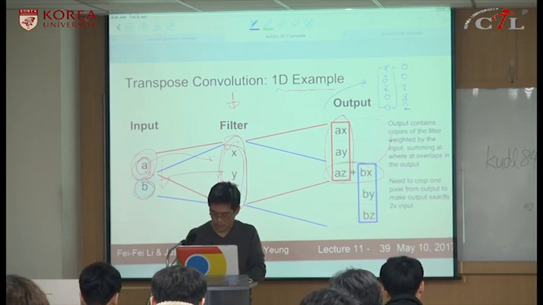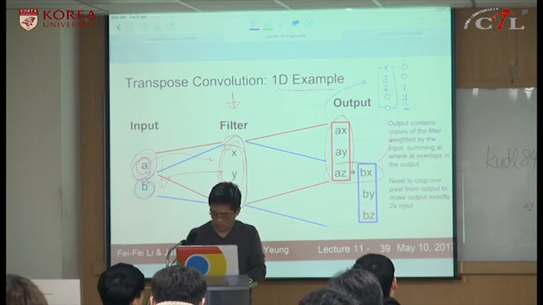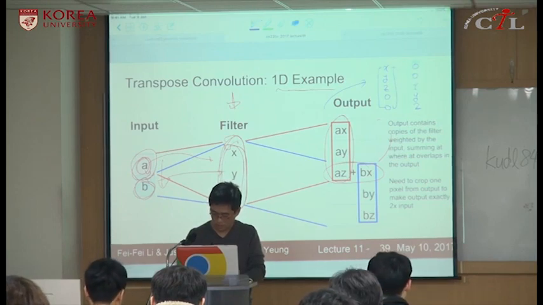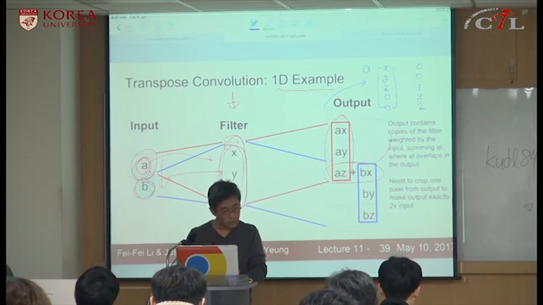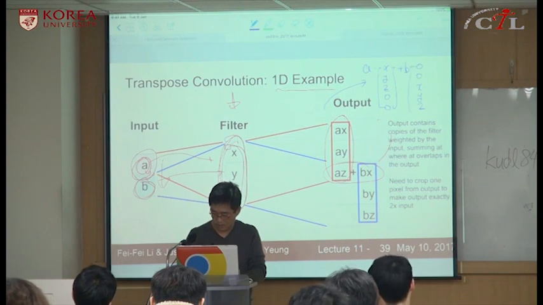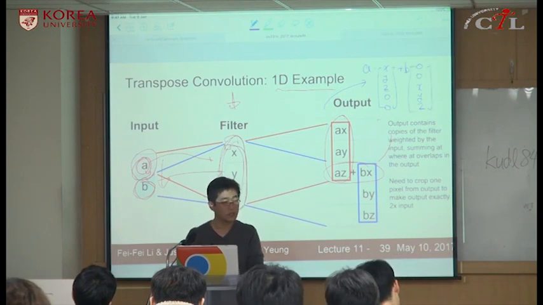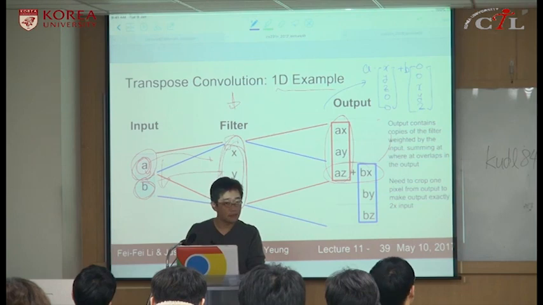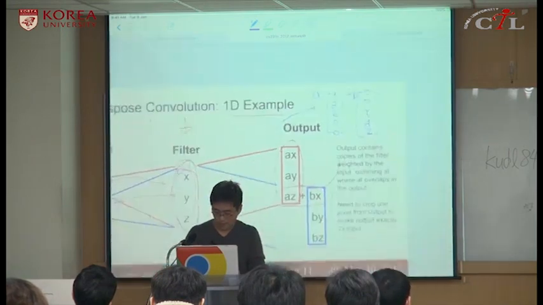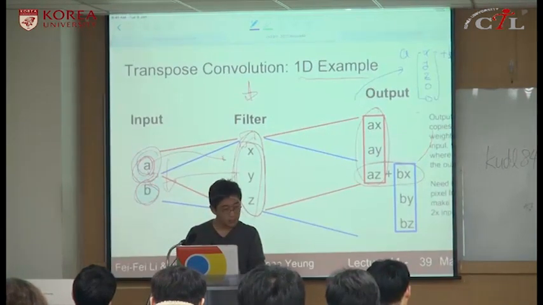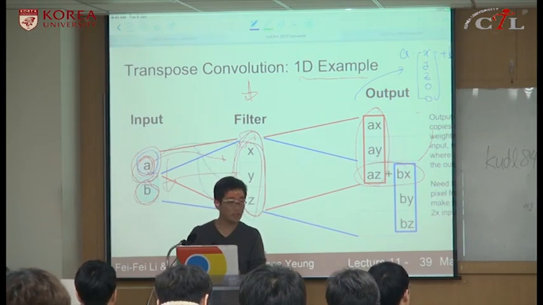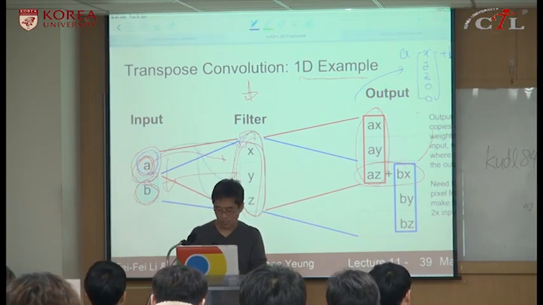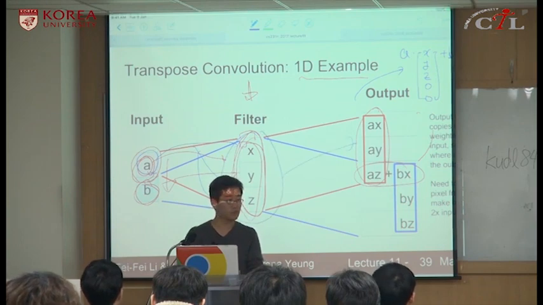Okay, and so it is multiplied with the scalar A and scalar B, right? So we just multiply A with each of our filter element values, and then we put it into the corresponding position, right?